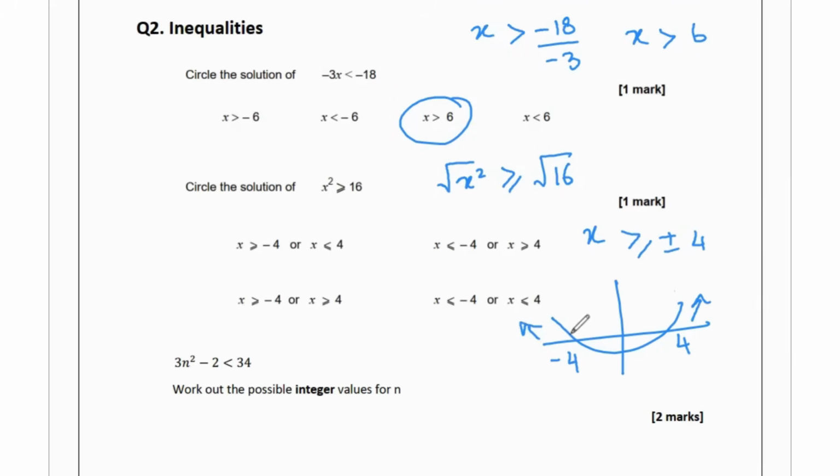Above the x-axis, at x equals negative 4 the values are decreasing, and at x equals 4 the values are increasing. So this is your solution: x is less than or equal to negative 4 because the values are decreasing, and x is greater than or equal to 4 because the values are increasing.